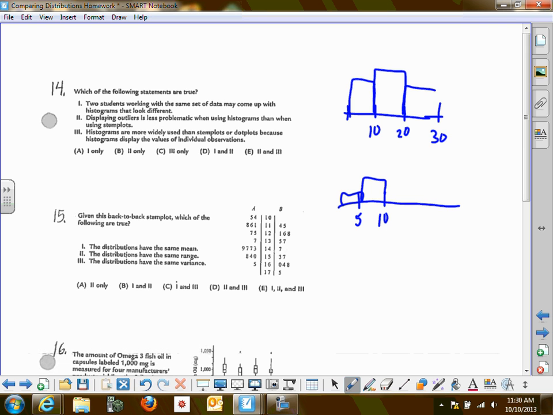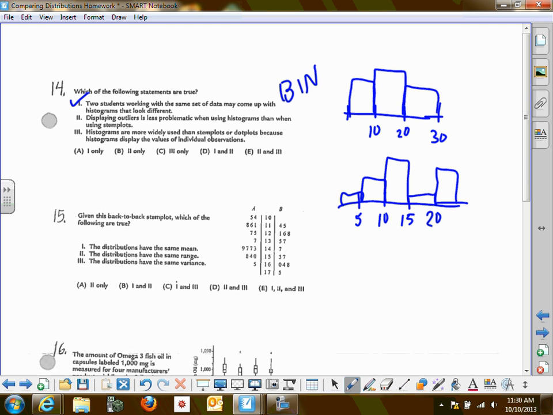I remember when you guys did that, yours looked a little bit more symmetric than mine actually did. So I kind of actually liked the ones that went that way. Because I ended up having something like this. But anyway, the bin size can make them look different. So this is true. How about this?